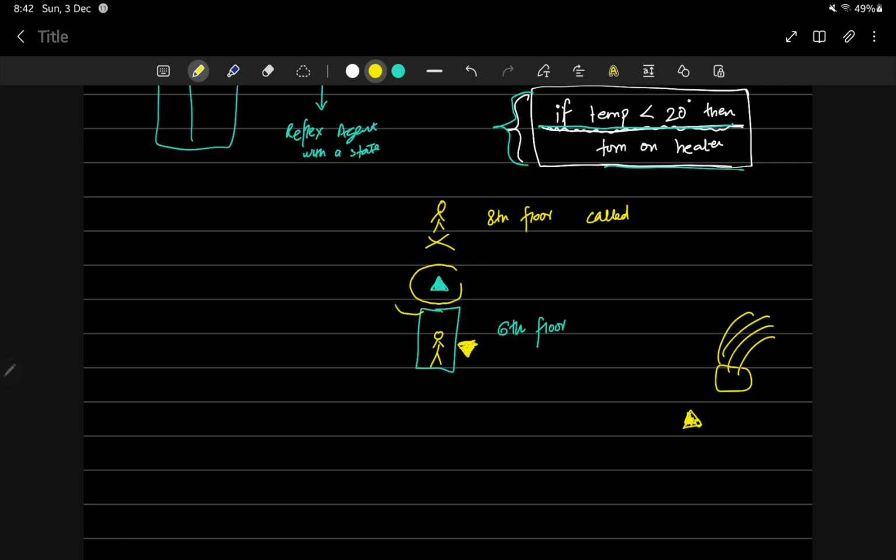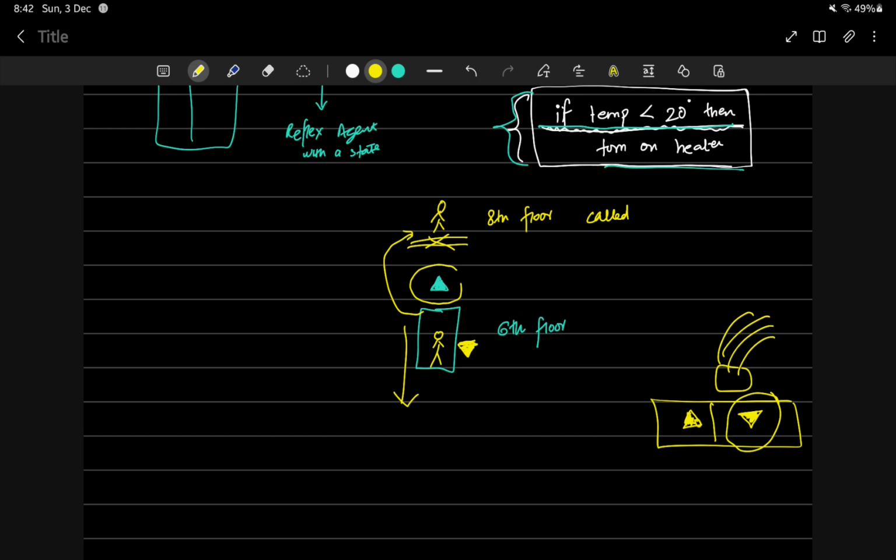So it will first go up, pick this person, and then it will go down and actually perform the action that you wanted it to do. So this has a state. It first went up and then it went down.